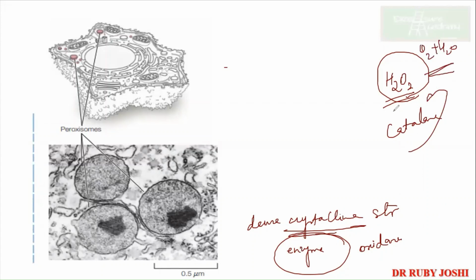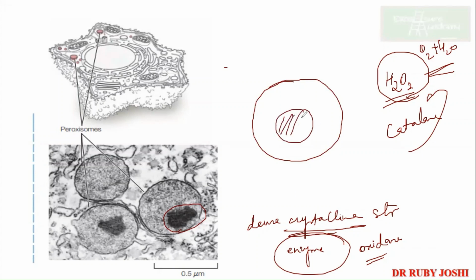So these crystalline structures are nothing but the dense structure of the enzymes, especially oxidases present. Based on this, whenever a scientist or researcher sees a circular organelle with something dense present at the central region, they identify that as the peroxisome.